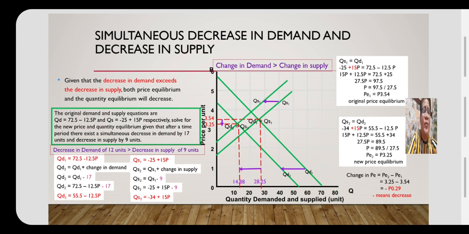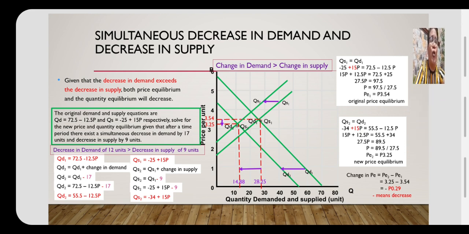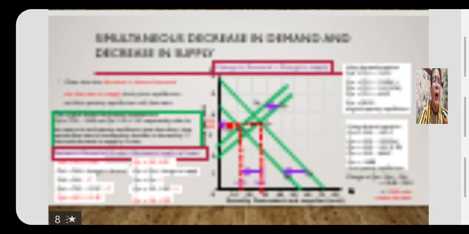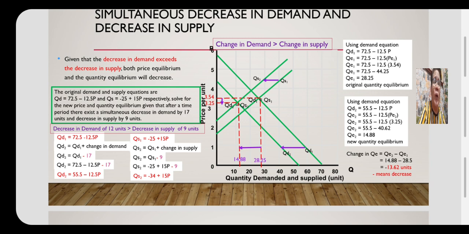Using the same situation, in the next slide we can solve for the value of the new quantity equilibrium. Since we use the same original demand and supply equations, the original quantity equilibrium can be computed the same way as in the earlier slides.